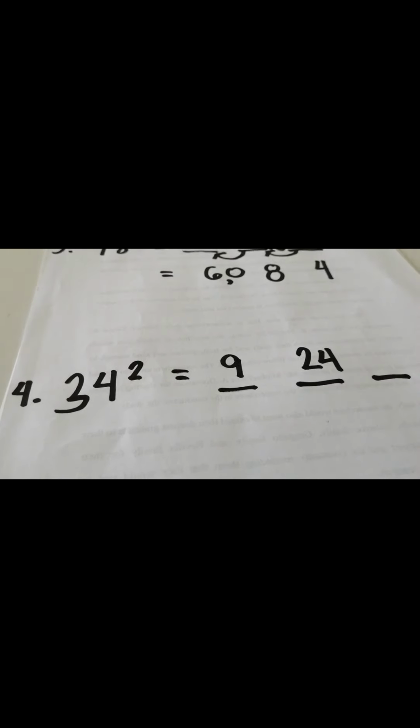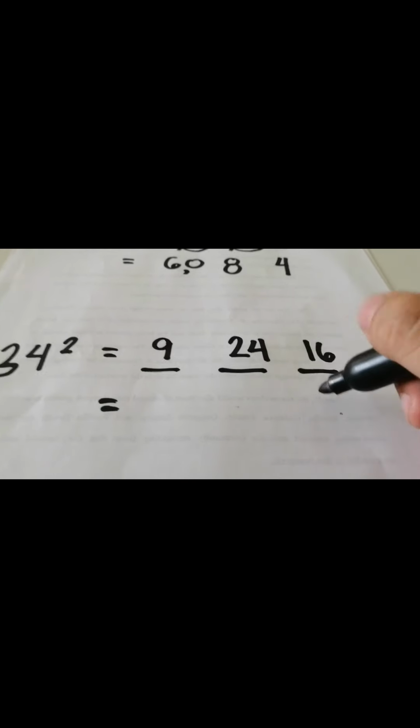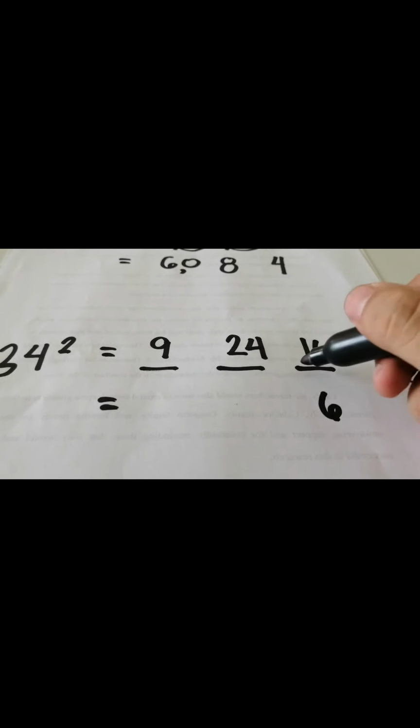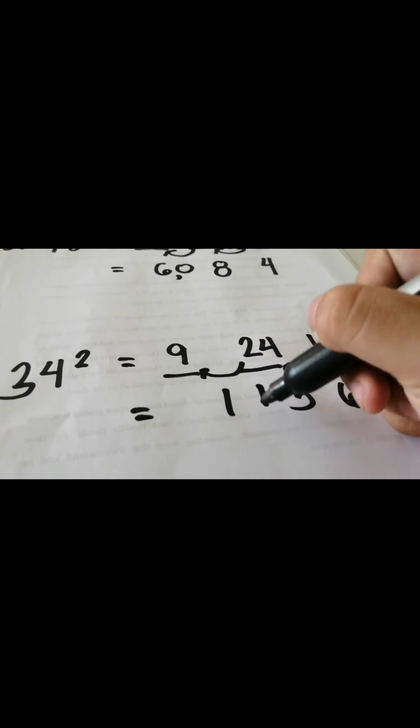Then 4 squared is 16. Let's start with the last number. We have 6. Then carried over, 24 plus 1 is 25. So that 2 will be carried over here. So 9 plus 2 is 11. Our final answer is 1156.